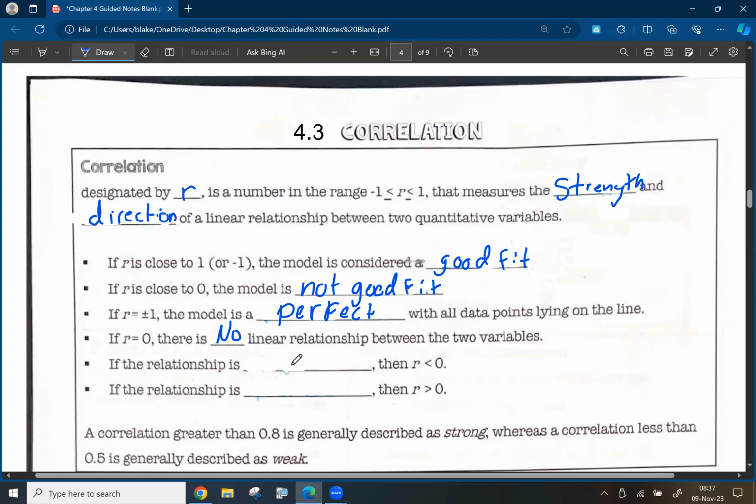If the relationship is negative, the R value will be less than 0. So that's like a decreasing relationship. If the relationship is positive, R will be greater than 0. So that's like an increasing one, right? One that goes upwards versus, of course, a -1 that goes downwards.